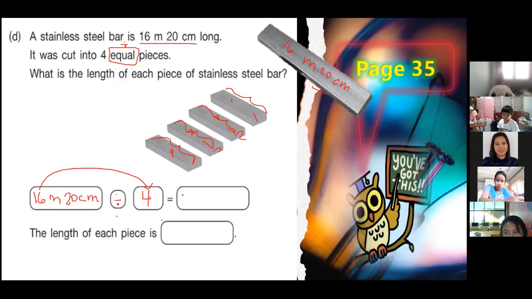What is the answer? 4. Okay, 4 meter. 20 divided by 4, that is equal to 5.